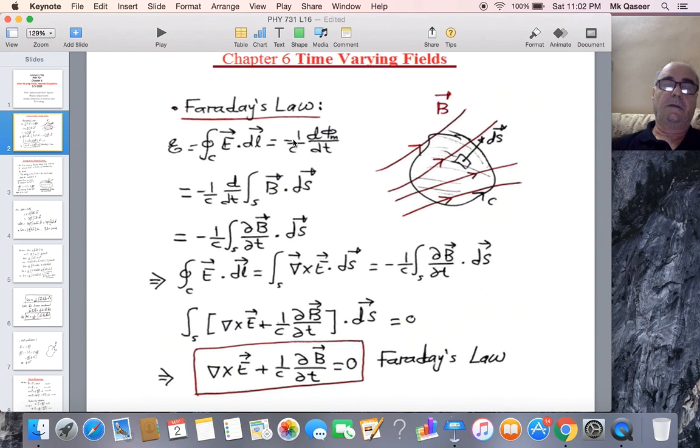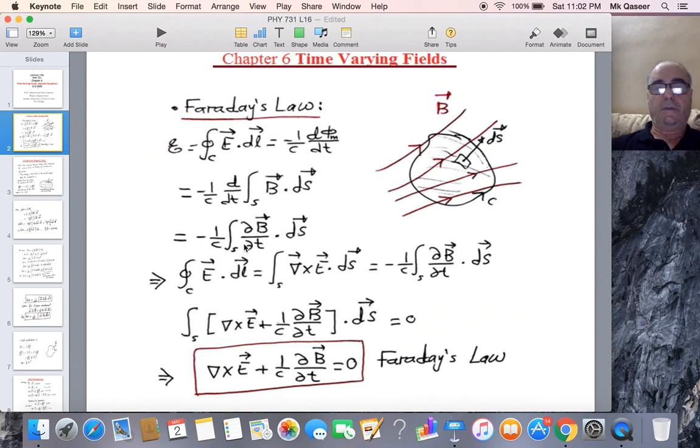The minus sign is Lenz's law. And now, if S is a stationary surface, we can push the derivative inside the integration. We reach this form.